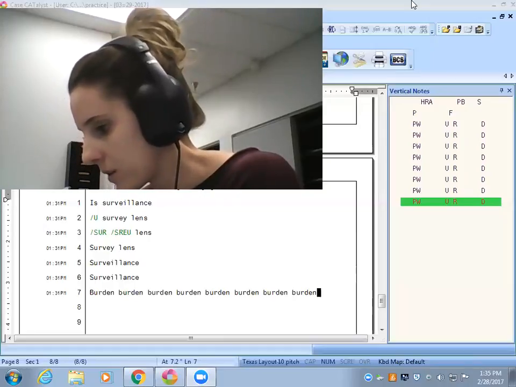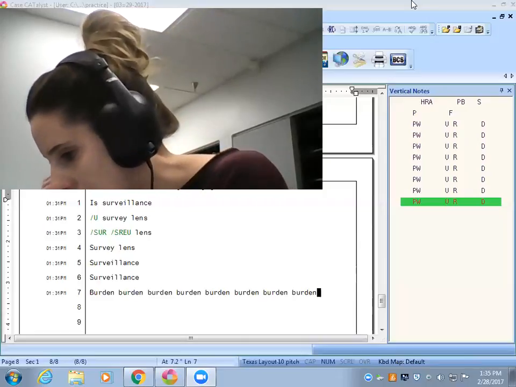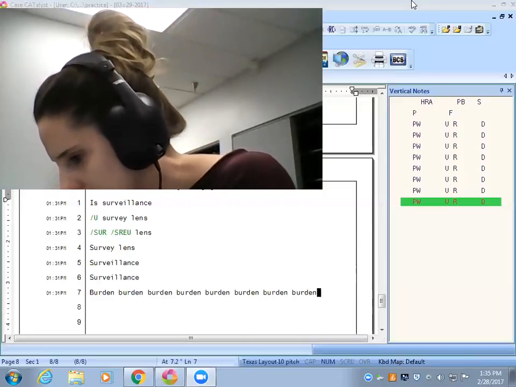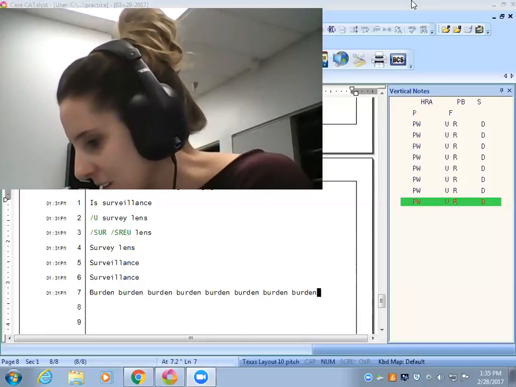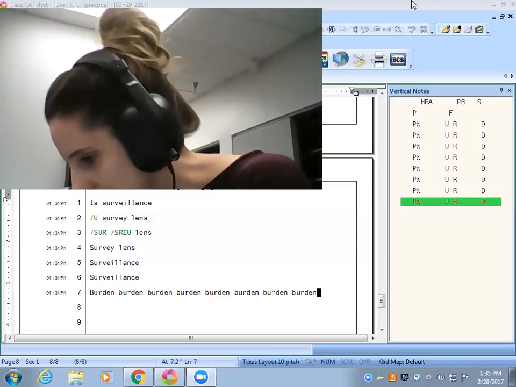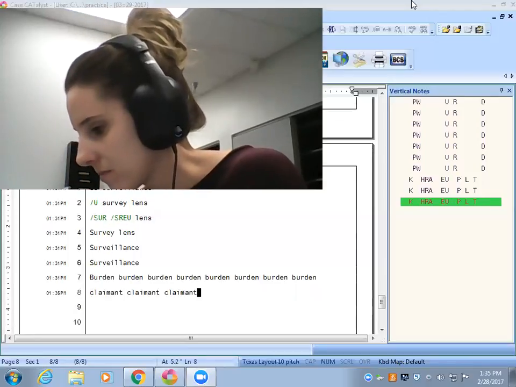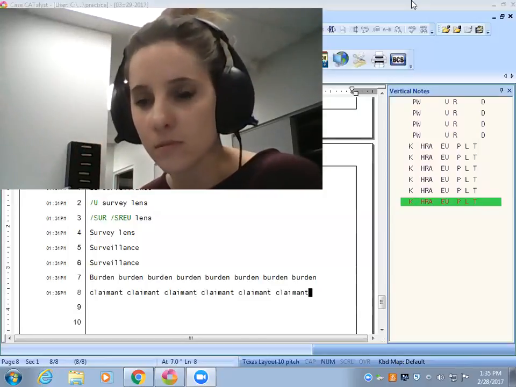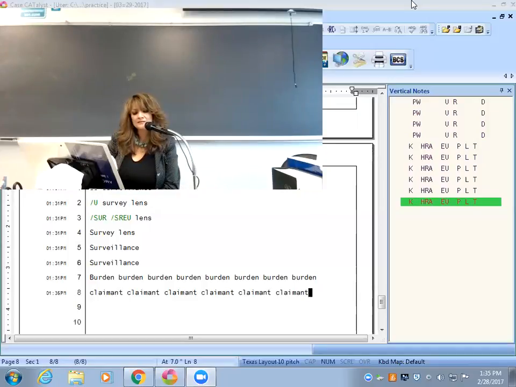Deponent. Defiant, it was defiant. Okay. Pursuant. Claimant, and you can write that in one stroke for claimant. Okay. Different. Distant. Defendant. Oh, sorry. Do you know how to write it?